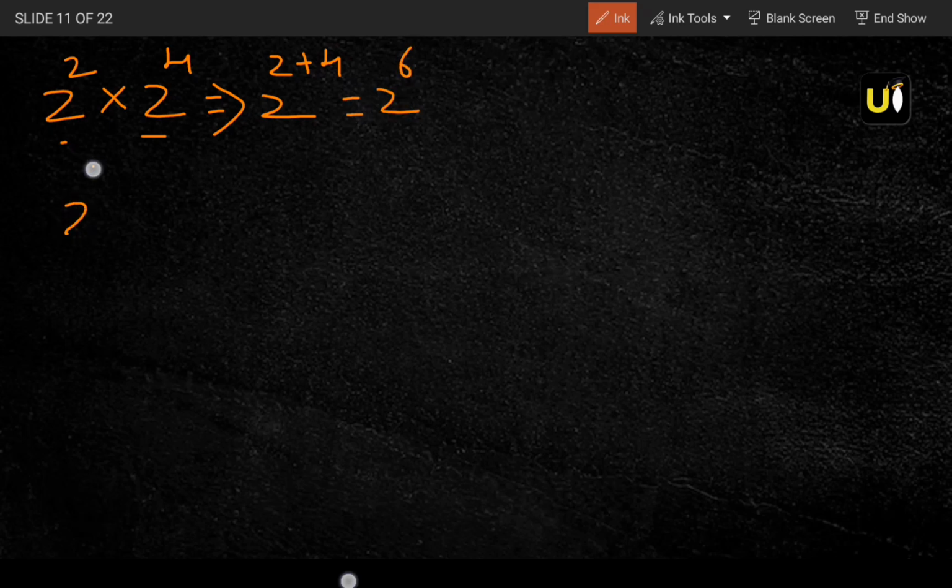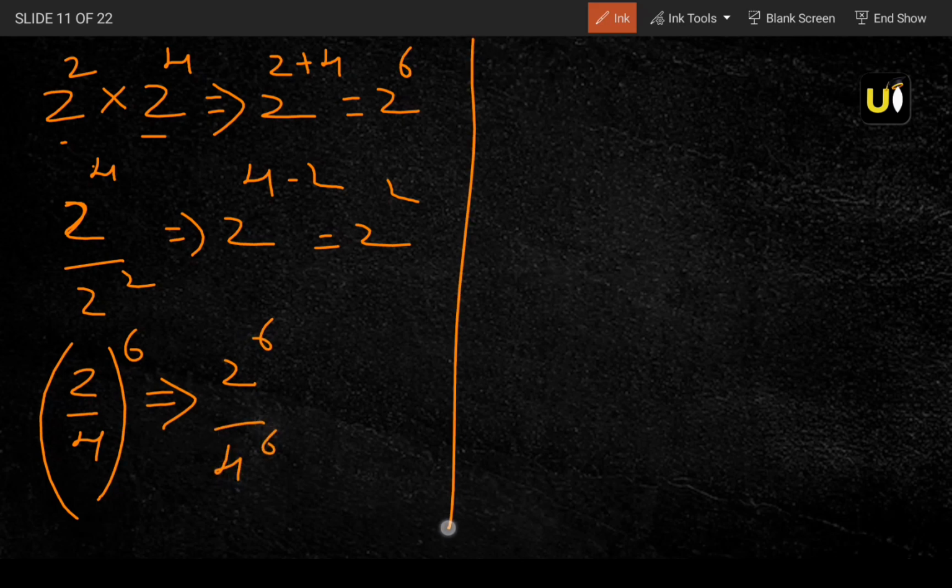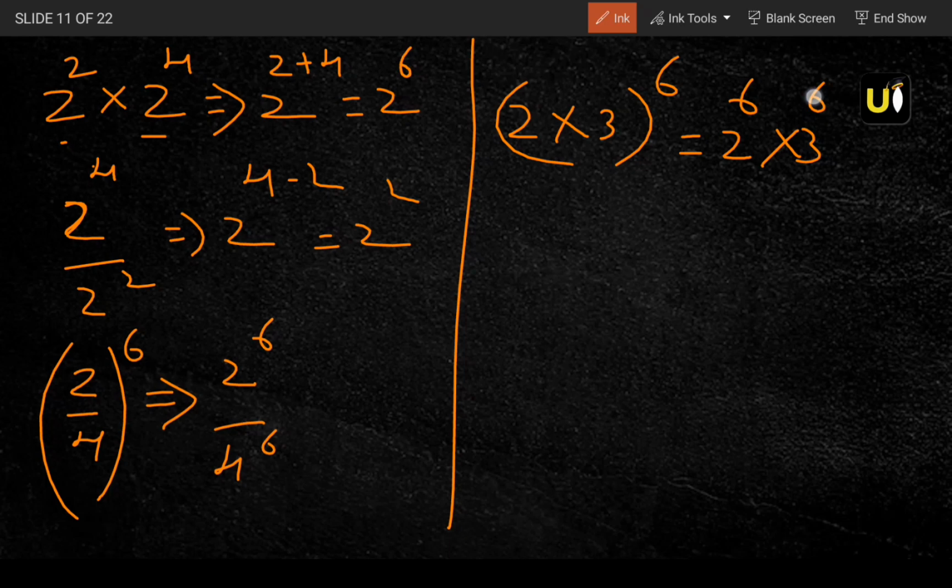Similarly, if we are given 2 power 4 by 2 square, that means 2 power 4 minus 2, that is 2 square.